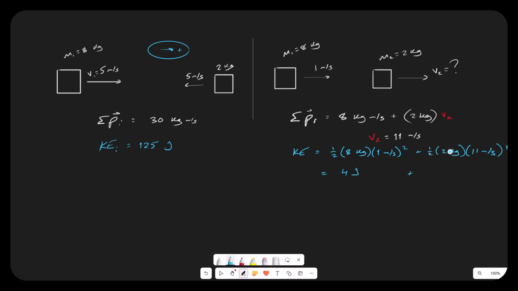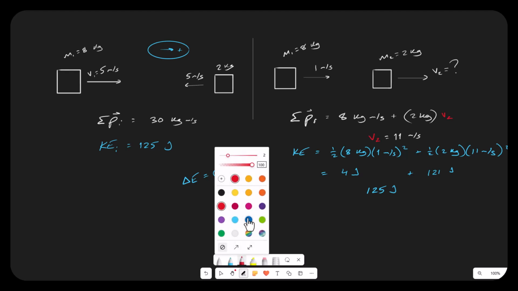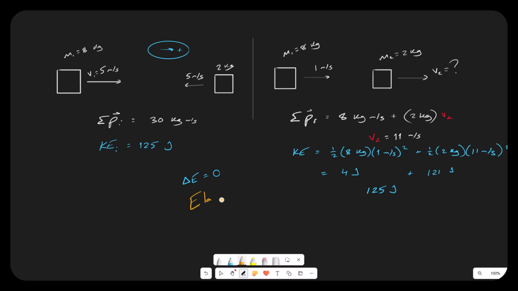A half times 2, that's 1, times 11 squared is 121. So we have 125 joules. I did not lose any energy. My delta E is 0, and that makes this an elastic collision.